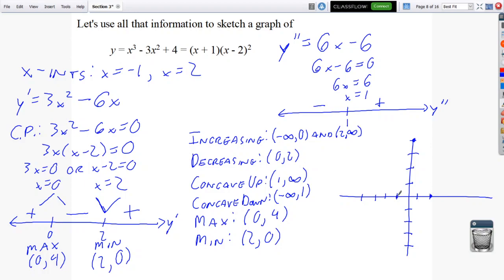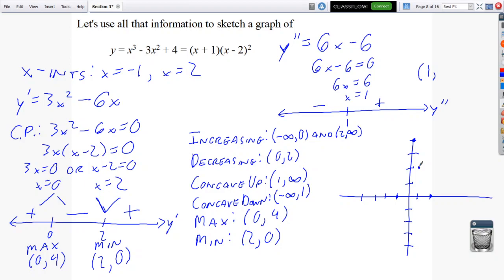Again, let's put that -1, 0 down. And I know that I change concavity at 1. I can find the point: 1 plus 1, 2, times 1 minus 1, 2, so -1 squared. So it would be at 1, looks like 2 here. So there's a point right there where I change concavity.